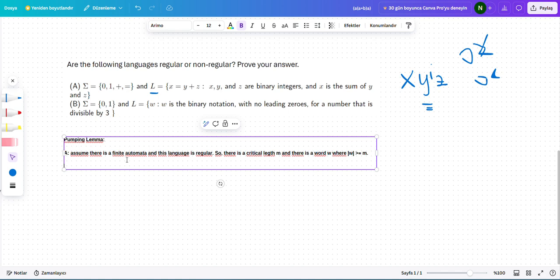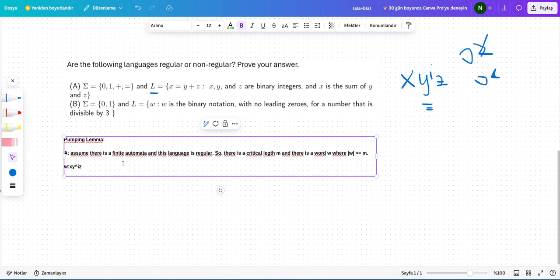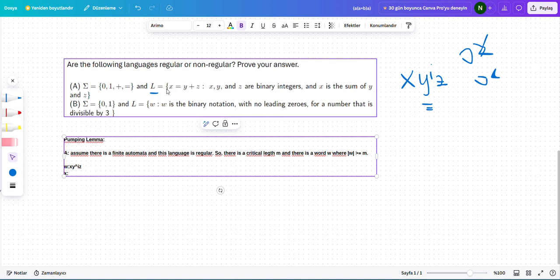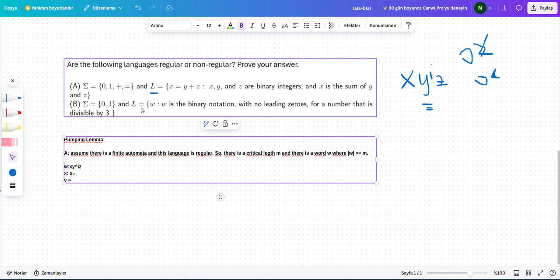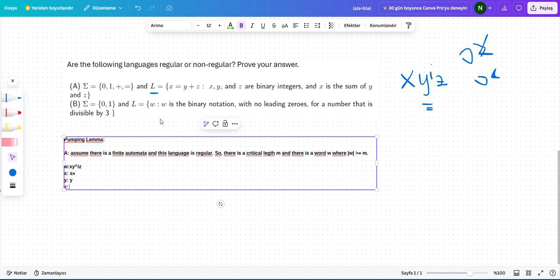For our word, which is x y to the power of i, z, if we apply this division, x becomes this x, y becomes this y, and z becomes the x equals y here, this plus z.